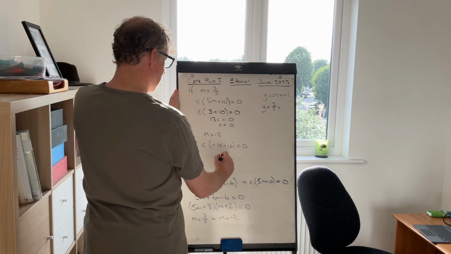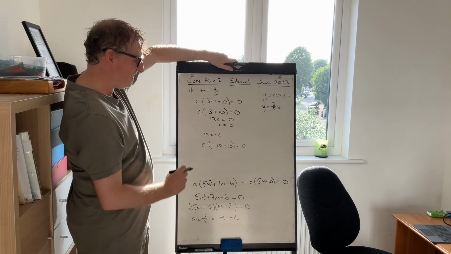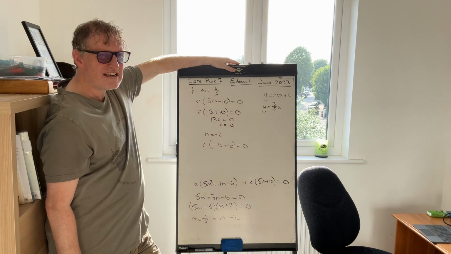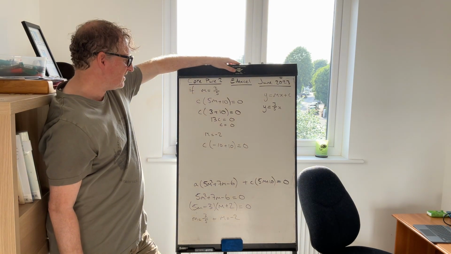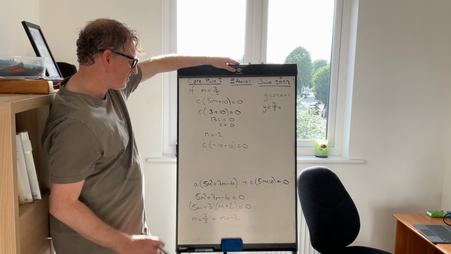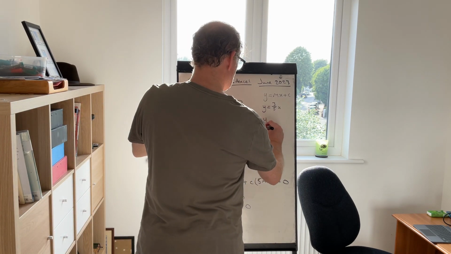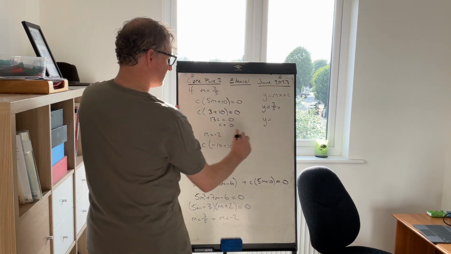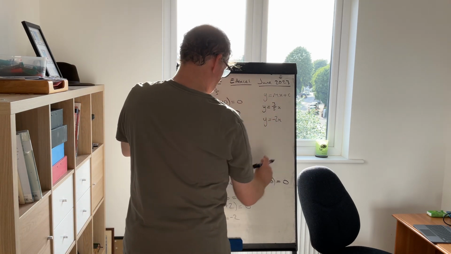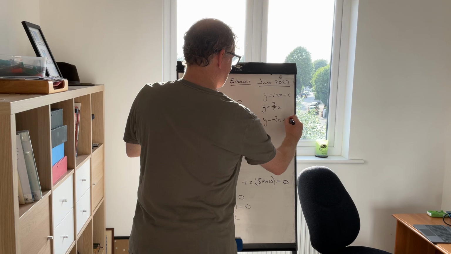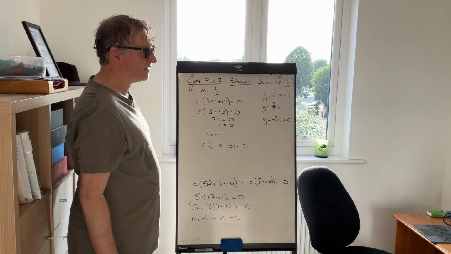We get 0 there. So actually, c can be anything we like. It doesn't matter. So our second set of invariant lines will be y equals minus 2x plus c. Our c, anything. It can be absolutely anything.